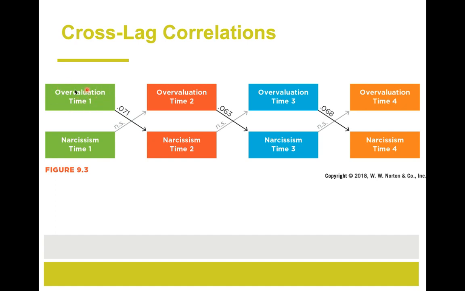I'm using the data from overvaluation at time 1 to establish temporal precedence for narcissism at time point 2. So I know that my measurement of overvaluation does establish temporal precedence on narcissism if I cross over the correlation to the next time point. And so this has already established 2 of our 3 necessary preconditions for causation.